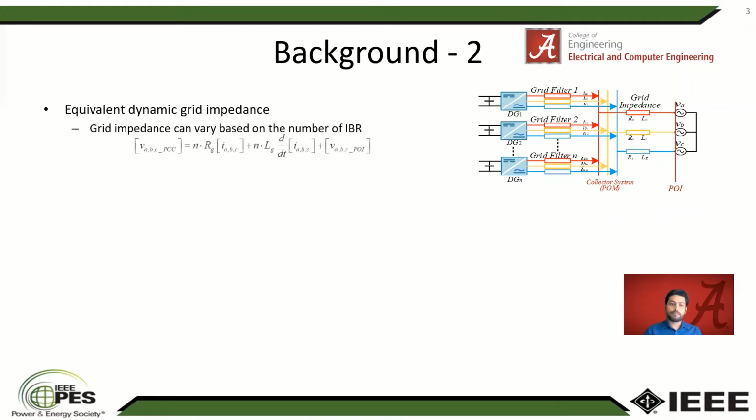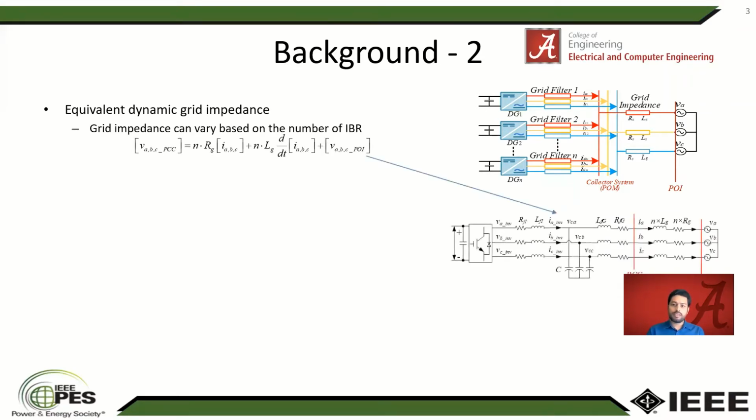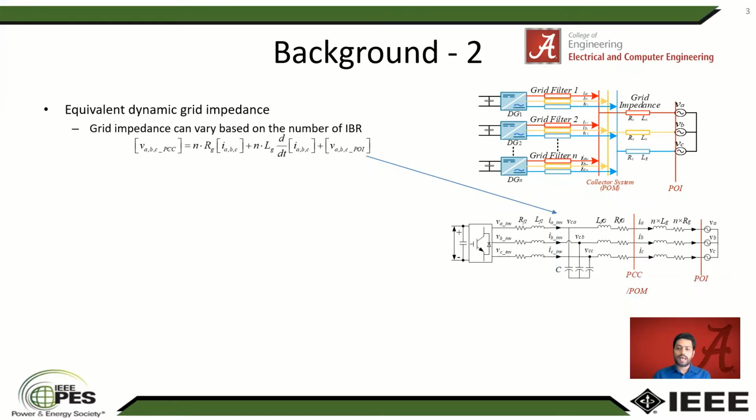So you can see the circuit here. Imagine it as multiple units. When multiple units are connected at the point of common coupling, the current injected to the grid multiplies. So the impedance, the LG and RG, also changes.